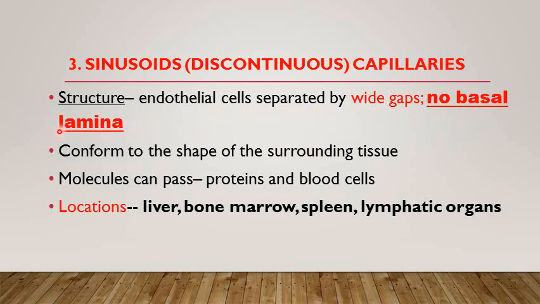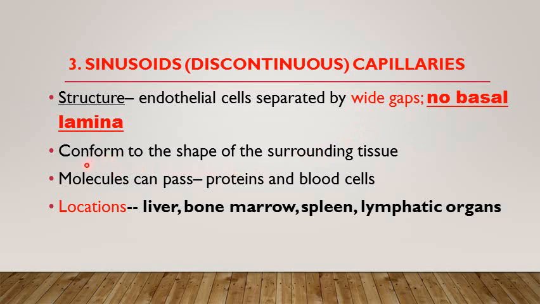So the basal lamina is absent in the sinusoidal capillaries, and only the endothelial cells are separated by wide gaps. Through these gaps, large macromolecules, even every type of molecule and component, can pass through these sinusoidal capillaries.